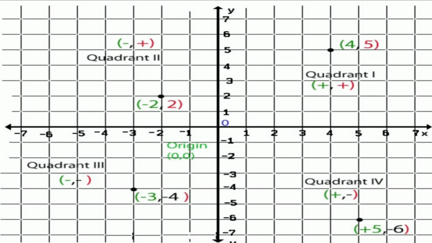Similarly, the third quadrant is the lower left section, where both coordinates are negative, that is, a negative value of x and a negative value of y. Finally, quadrant 4 is the lower right section, where the sign of x is positive, however the sign of y is negative.